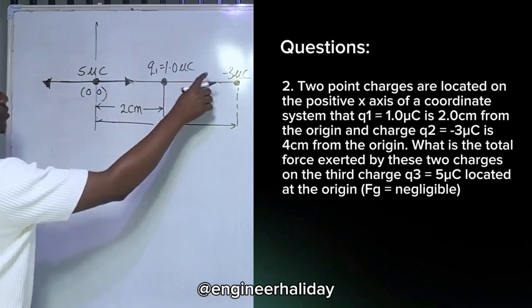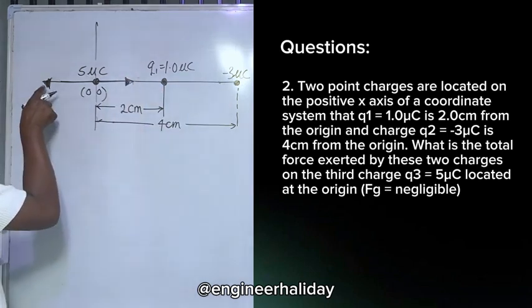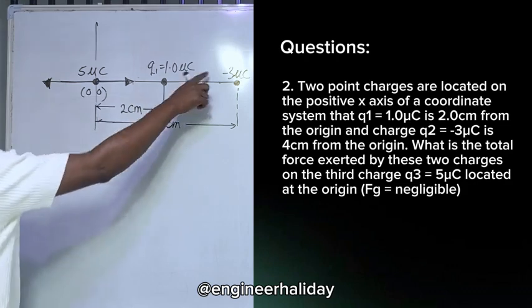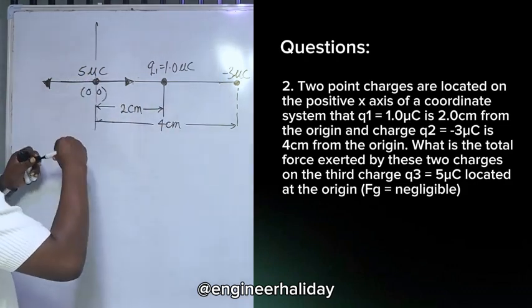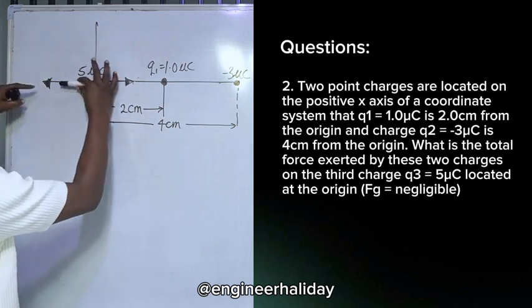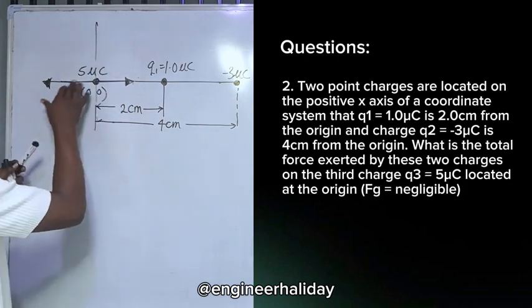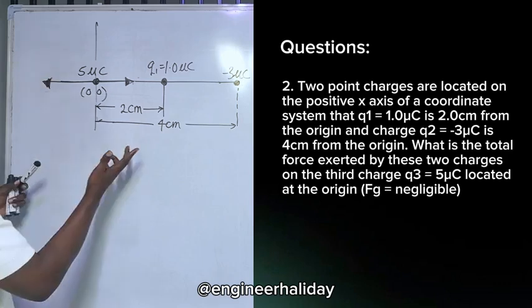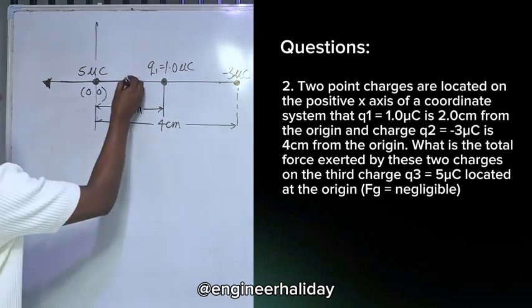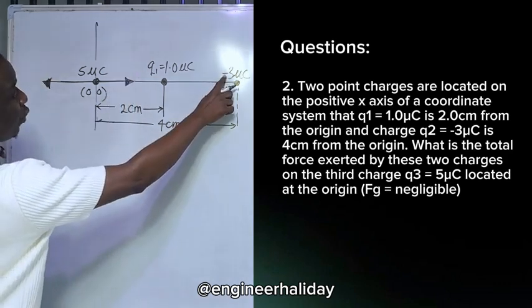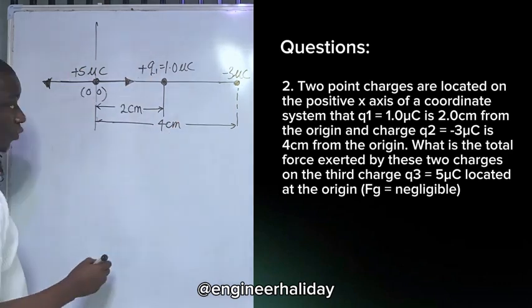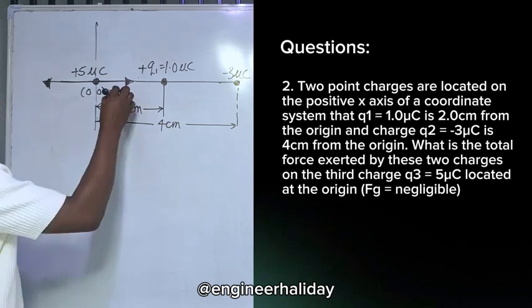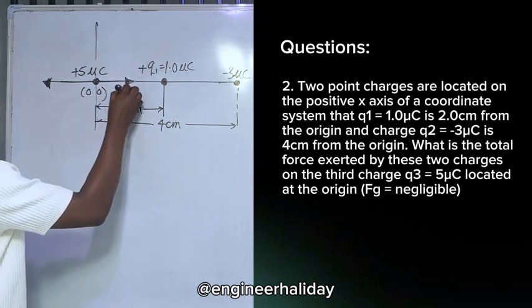If both were plus, the two forces would move in the same direction and we would add them, but this one moves like this because these two are unlike charges. So now we have our direction. This is attraction.